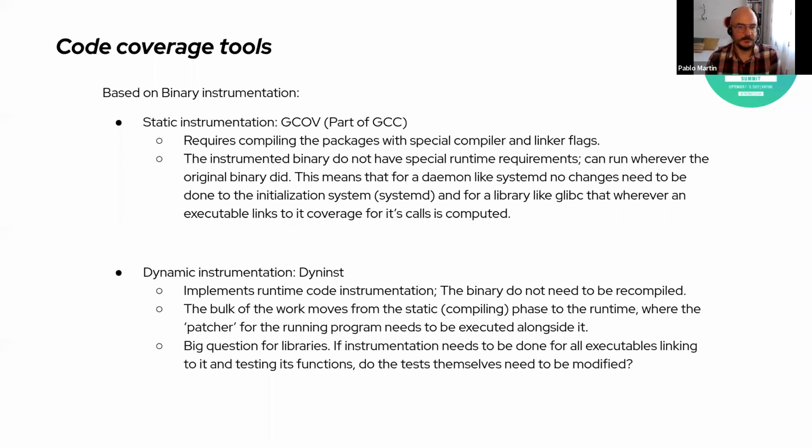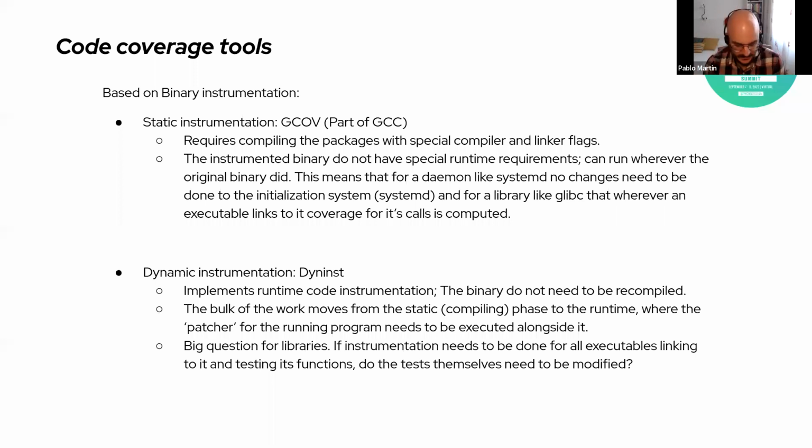This is a big advantage, for example, for an application that doesn't have to be rebuilt at all. You get the same binary, but then you need to do something when you run it alongside that binary. There is another process, the patcher, that at runtime loads all these stubs of code that update the counters into memory. So the running program is patched.